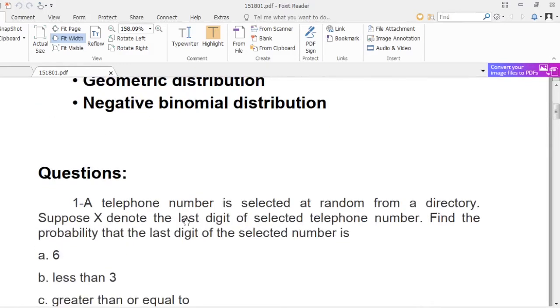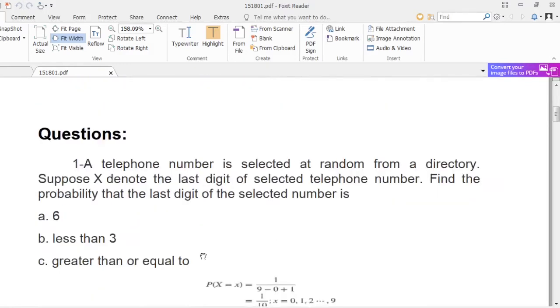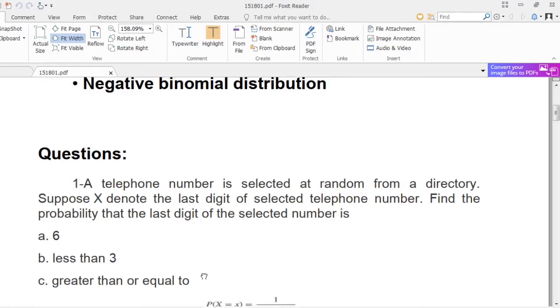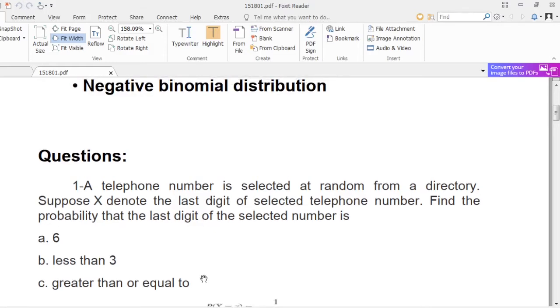In the first example, a telephone number is selected at random, and suppose x is the last digit. What's the probability that the last digit will be 6? If you check the structure, there are numbers from 0 to 9, so we have 10 numbers that can appear in the telephone number.